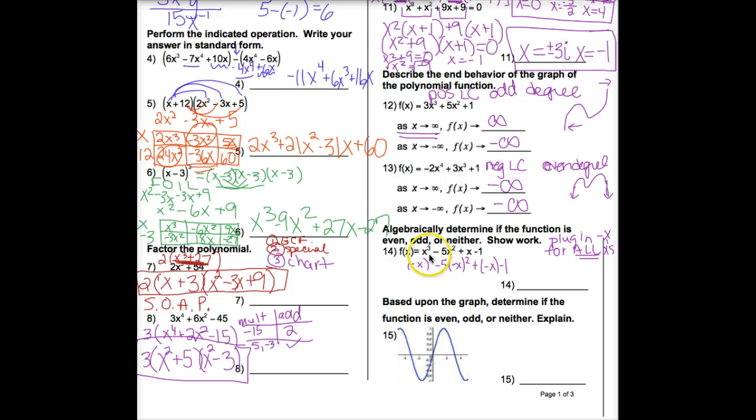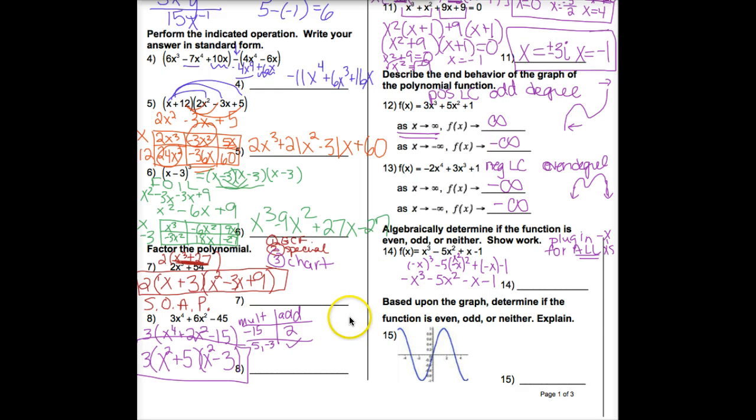Negative x raised to the third power is going to be a negative x cubed. Negative x raised to the second power is going to be a positive x squared. But then I have to multiply that result times the negative 5. So negative 5x squared. Plus a negative becomes a negative, and then my minus 1.